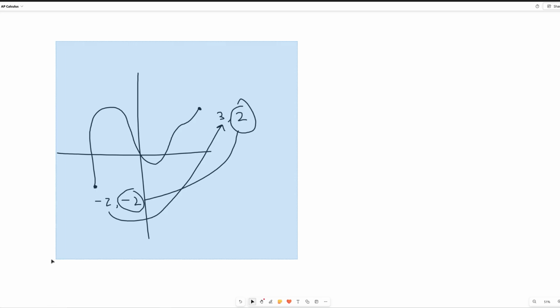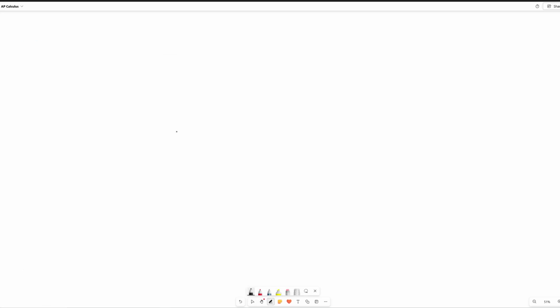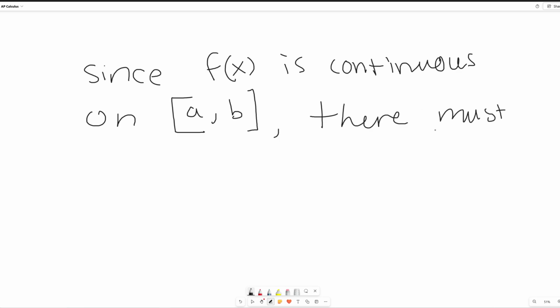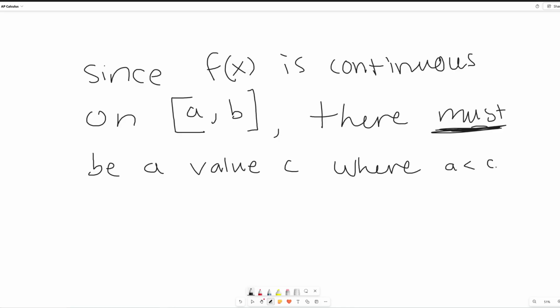So, how you write that formally on the AP test is: since f of x, or whatever function you have, is continuous on the interval a to b, then, or you can say there must, keyword must, be a value c where a is less than c, which is less than b.